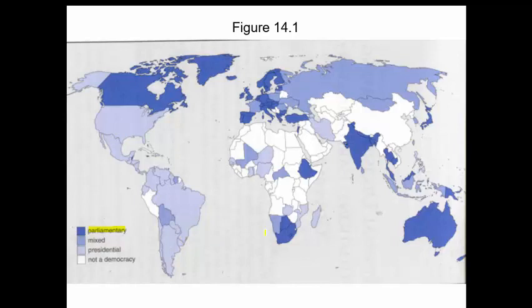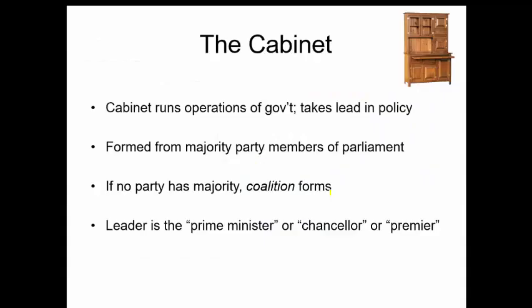And there are some systems that have a parliament and a president that are sharing power, such as Russia and France, a couple of other countries worth noting that we'll talk about perhaps later. And of course, there are lots of countries out there that are not a democracy, as we've already talked about before.